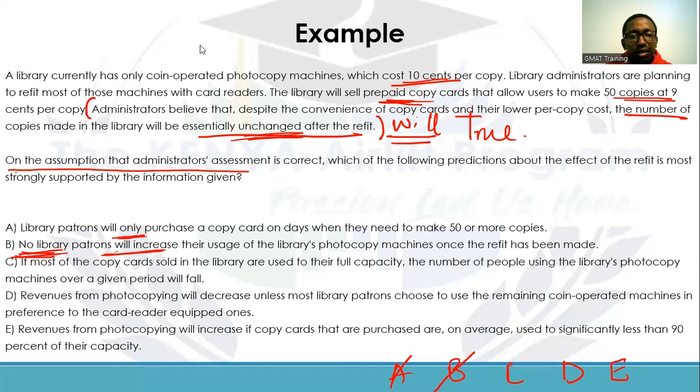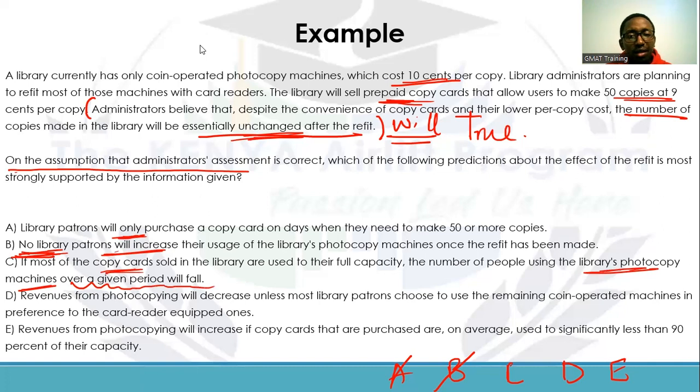C, if most of the copy cards sold in the library are used to their full capacity, so these are the cheaper ones, the number of people using the library's photocopy machines over a given period will fall. So how does the use of copy cards influence the number of people using the library's photocopy machines over a given period?